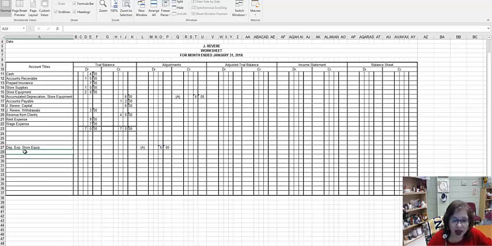So here I'm going to add the insurance expense, and this is going to be B, again debiting it because it is an expense, for $3. And now I'm going to credit the prepaid insurance here for $3.